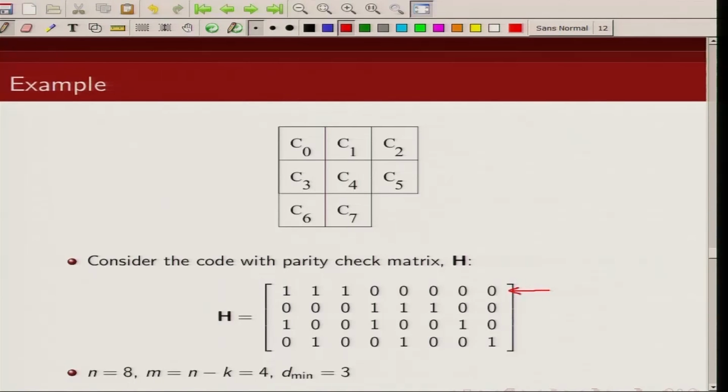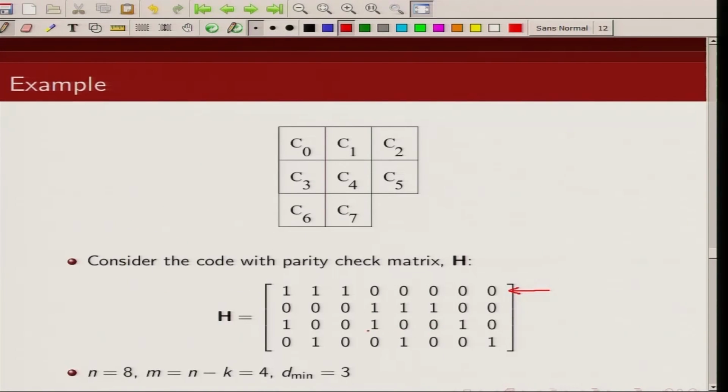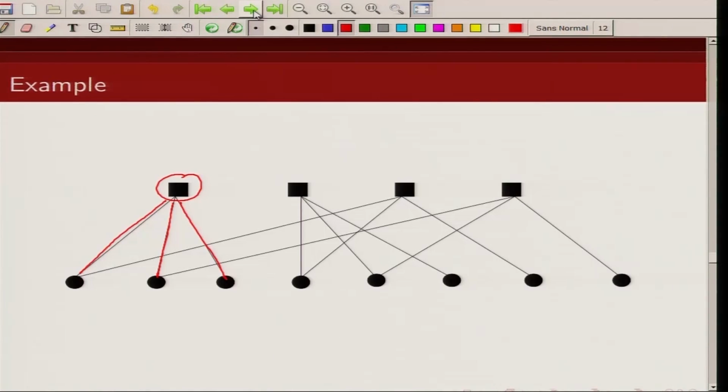The first parity check equation involves the first 3 bits. The second parity check involves the 4th, 5th and 6th bits.